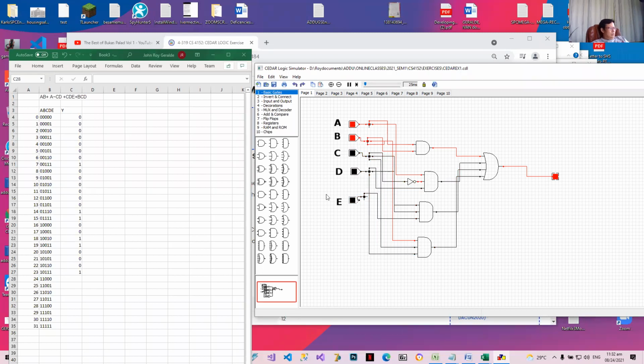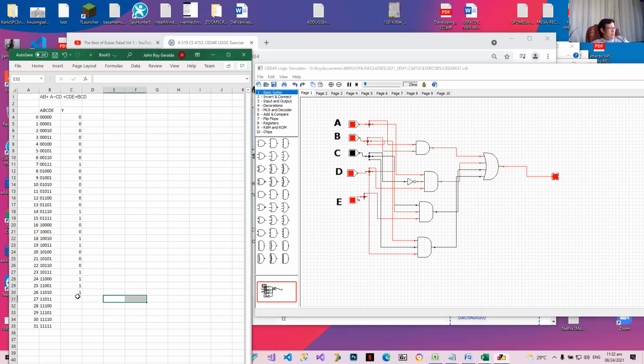So 1 1 0 0 0 is also a 1. Okay. Then we'll have a 1 1 0 0 1. It's also another 1. 1 1 0 1. Make this a 1 and make this a 0. This is a 1. Okay. 1 0 1 1.